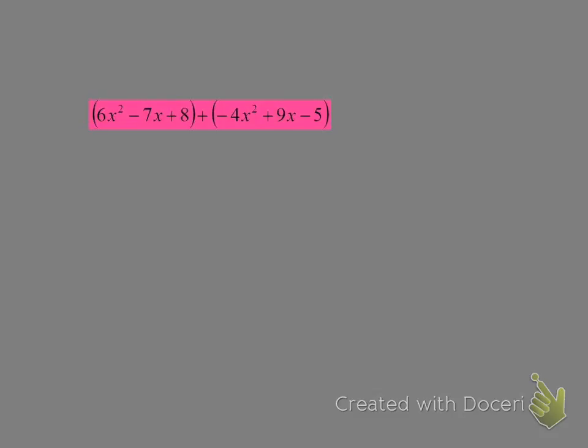All right, so x squared, x cubed. Okay, so up here, 6x squared, -4x squared, -7x, 9x, 8, -5. Notice the plus, which just means add, okay? These you don't FOIL because they're not touching.